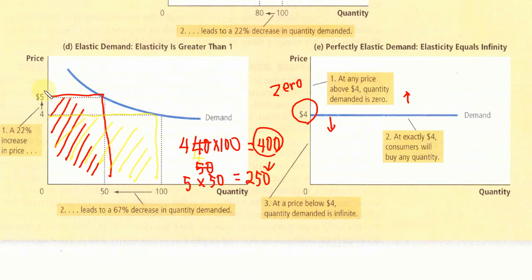As the price increased by $1, we have a demand reduction greater than one, so the demand is quite elastic. By the guideline of 4, if the price goes up above 4, there is no demand at all, and below 4, the demand is infinite.